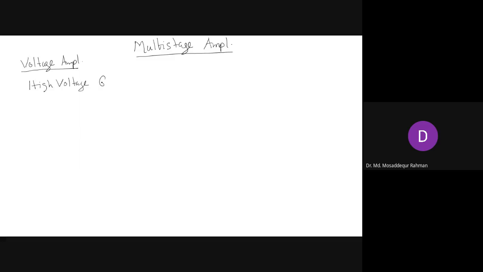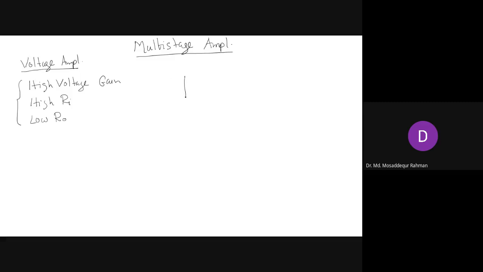Second, we need high input resistance. And for the output resistance, we need low output resistance. These are the features we need for a good voltage amplifier. But no single amplifier can provide this, because the common emitter gives you high voltage gain but has a low input resistance, and also high output resistance, which is opposite to what we need here. So then we go for multi-stage amplifier.